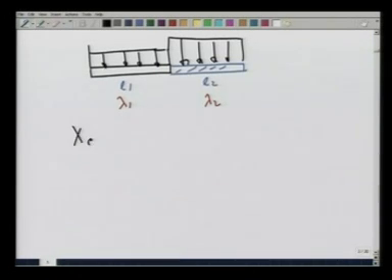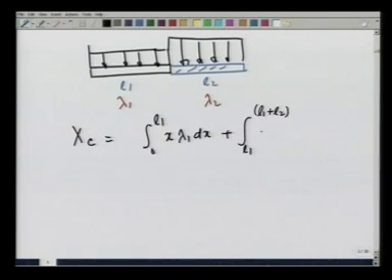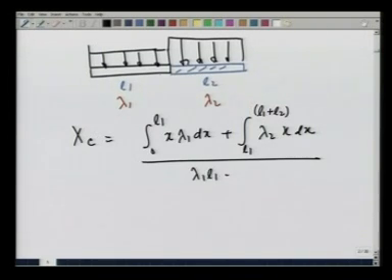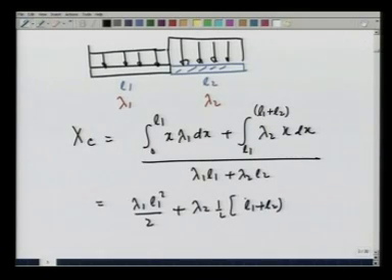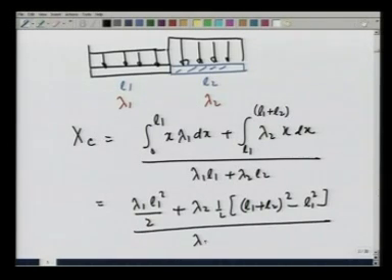The center of gravity is the integral from 0 to L1 of x lambda 1 dx plus the integral from L1 to L1 plus L2 of lambda 2 x dx, g we have already cancelled, over lambda 1 L1 plus lambda 2 L2, and this comes out to be lambda 1 L1 square divided by 2 plus lambda 2 times 1 over 2 L1 plus L2 whole square minus L1 square, divided by lambda 1 L1 plus lambda 2 L2.